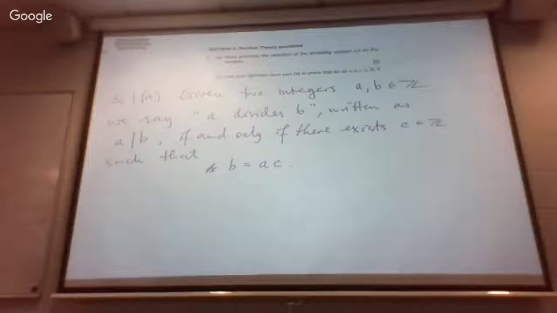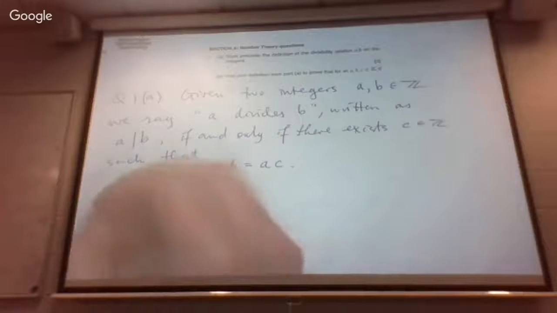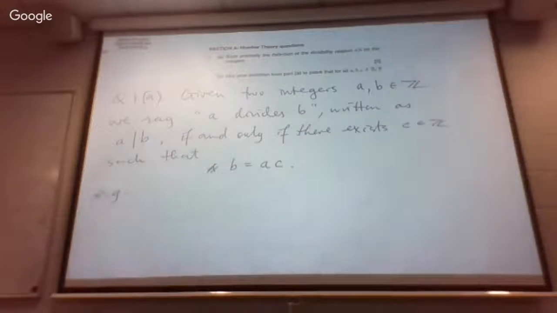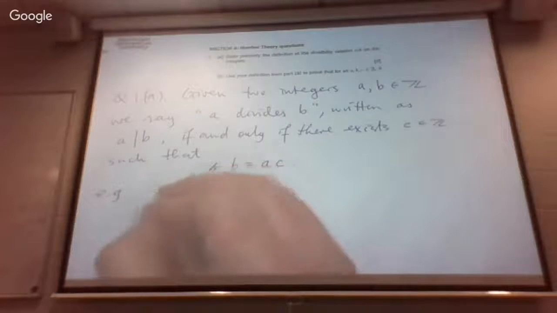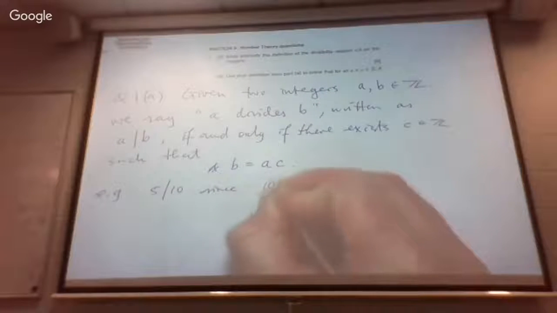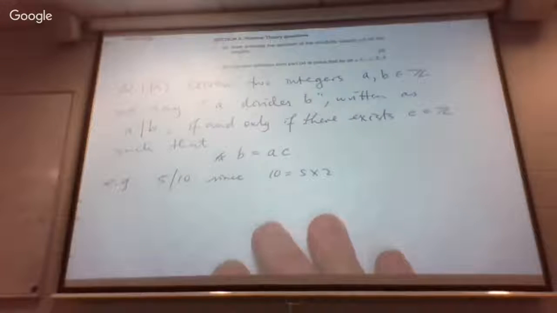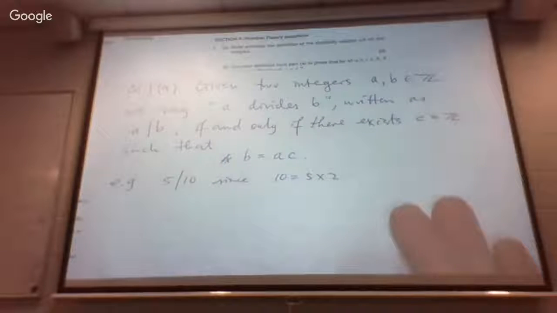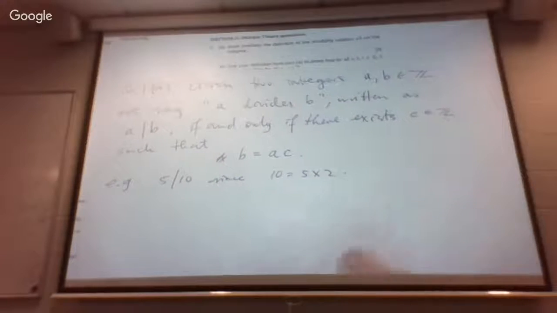Although maybe even better would be just to give, say, a couple of quick examples, a positive and a negative example. E.g., we could say 5 divides 10, since 10 is equal to 5 by 2. I mean, it's kind of trivial. I wouldn't really require these examples, I don't think, for full marks, but it fleshes out a definition if you give a quick positive and negative example.